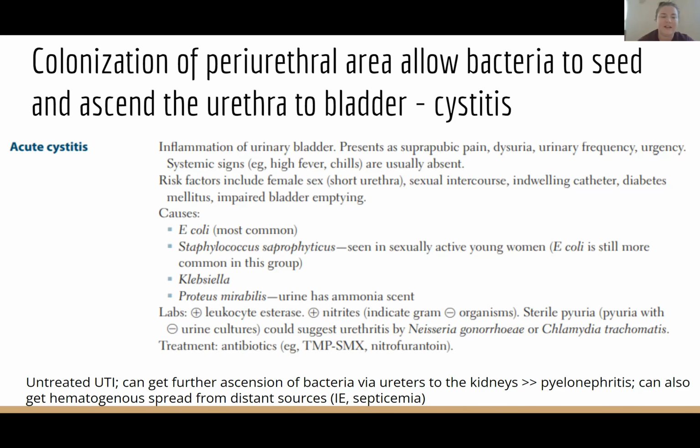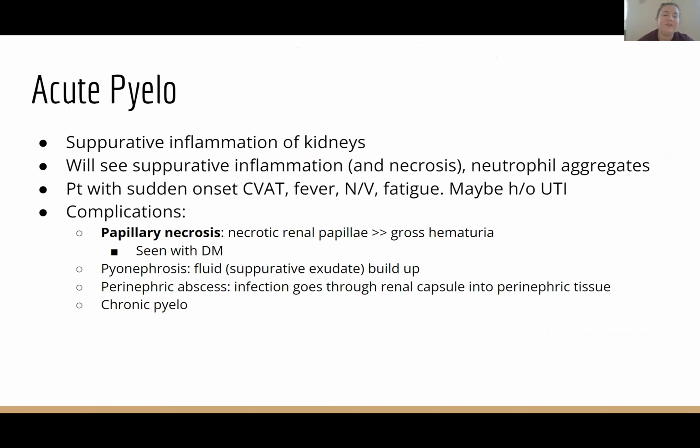And then I already talked about how you can get further ascension and get acute pyelo, so suppurative inflammation of the kidneys. This is an infection, so the inflammation is suppurative. You can get suppurative necrosis of the area. You will get neutrophil aggregates. So this is a person coming in with onset of severe costovertebral angle tenderness. You can barely even tap on their back.